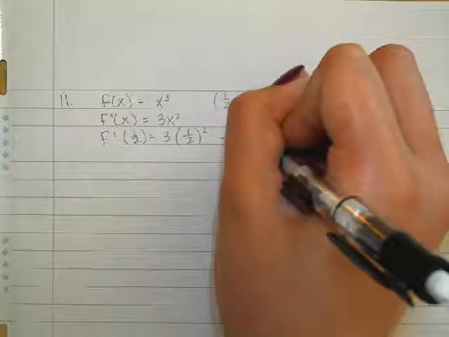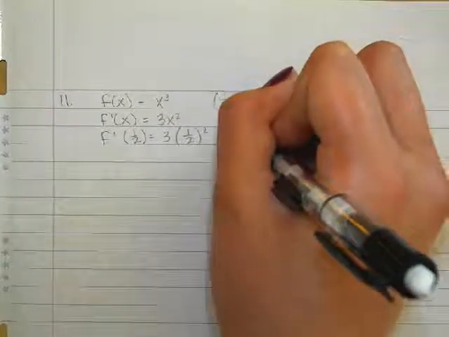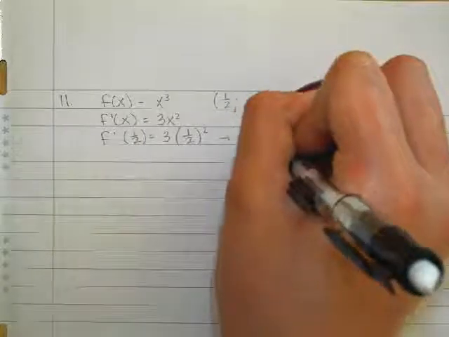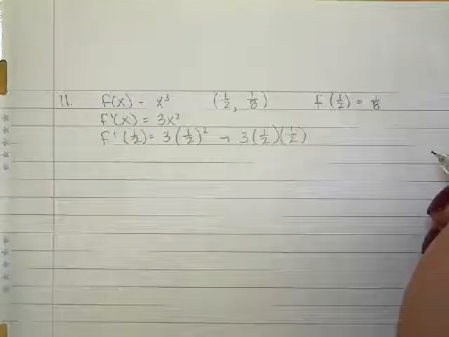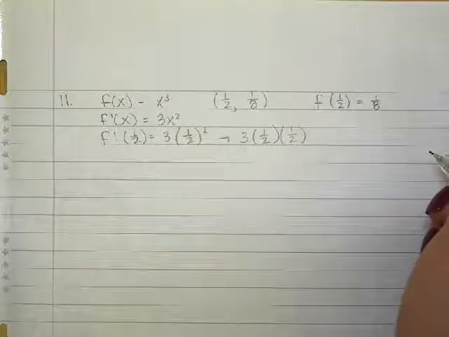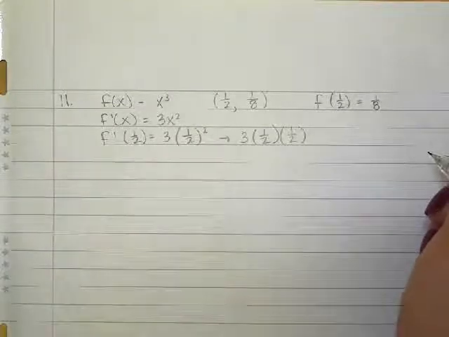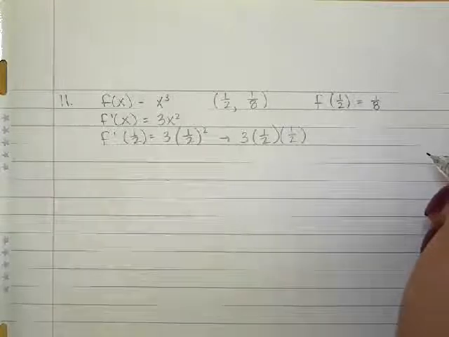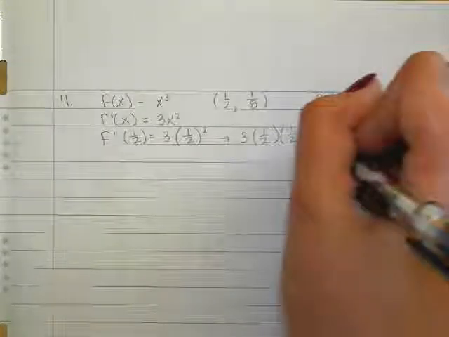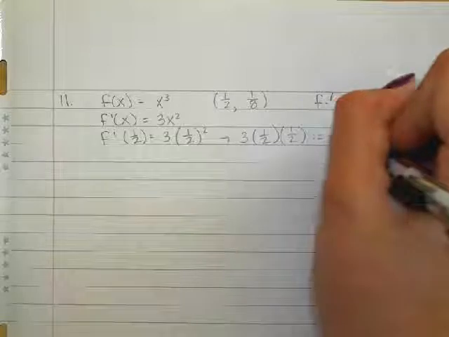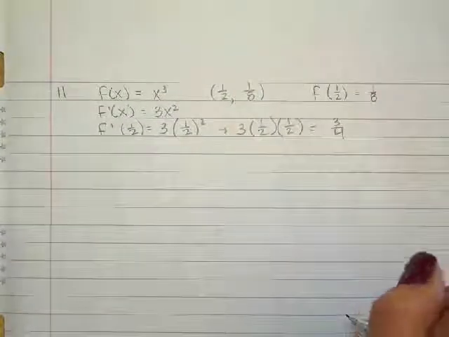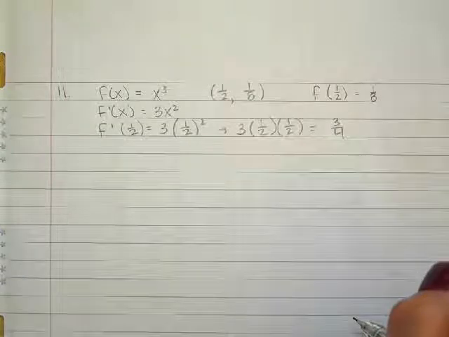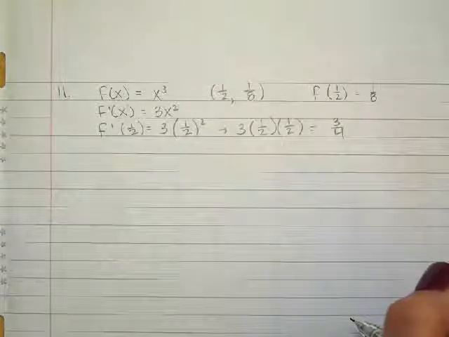Oh, that was very painful to hear. 3 times 1/2 times 1/2. I'd be okay with that, but not 3/2 times 3/2. And 3/2 times 3/2 is definitely not 6 over something. Okay, so 3/4.